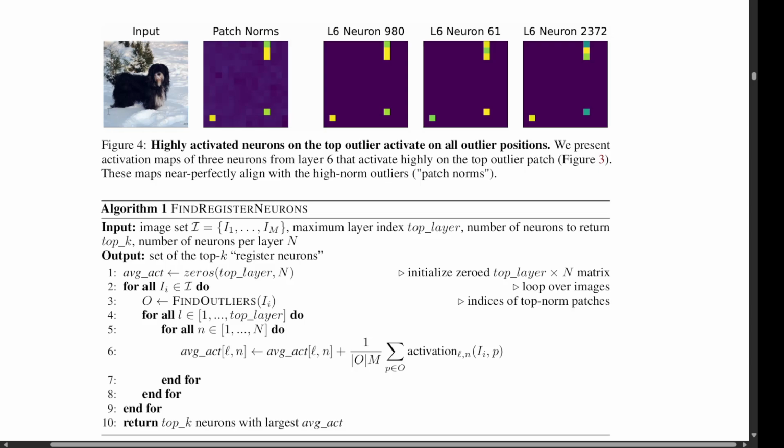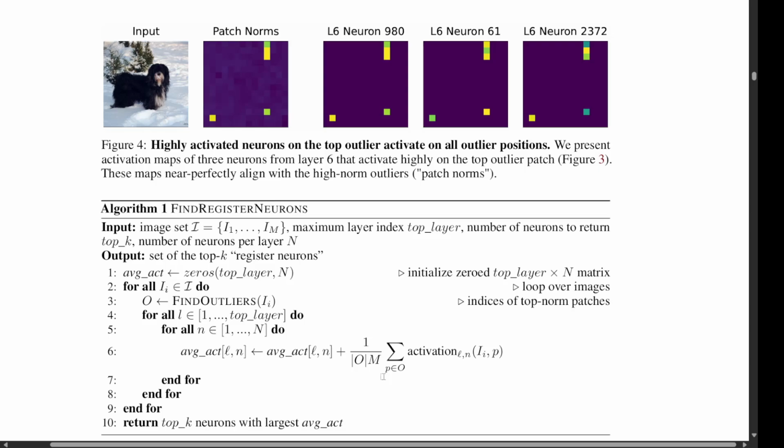This is where it gets super interesting and maybe challenges how we usually think about neurons in these networks. These register neurons weren't just firing for the single biggest outlier token in one image. No, they found these neurons consistently lit up on all the outlier positions and, importantly, across different images. Whoa, okay, so not tied to one specific image feature then, more general.